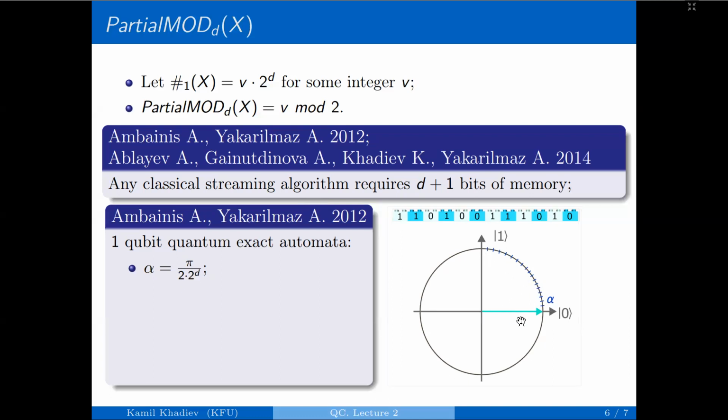And when we meet 1, we rotate by angle alpha. If we meet 0, we do nothing, because we just count ones. Okay, what do you think? What happens when we read 2 to the d ones, a block of ones of size 2 to the d?